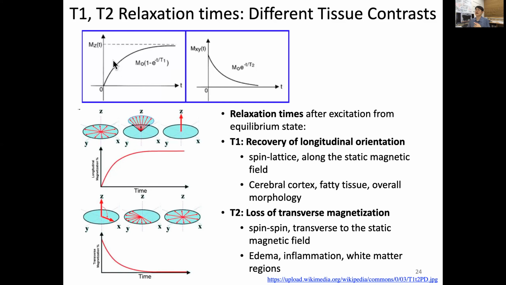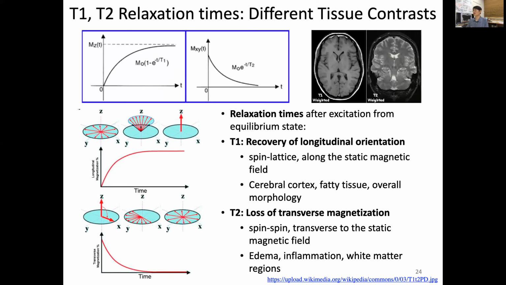Here is a more mathematical description: this is all exponential decay, and we can define T1 and T2 based on this magnetization recovery in the longitudinal direction and dephasing in the transverse direction.